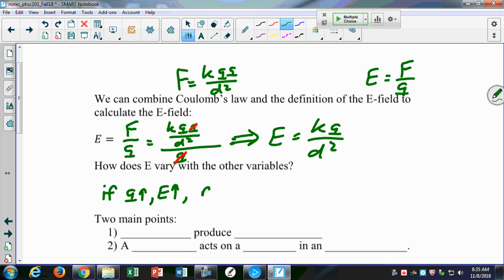If D goes up by just a little bit, that means that E will go down by a lot, because it's an inverse square relationship. So for example, if I double D, I quarter E. If I triple Q, I triple E. That sort of thing, just like we saw in Coulomb's law.